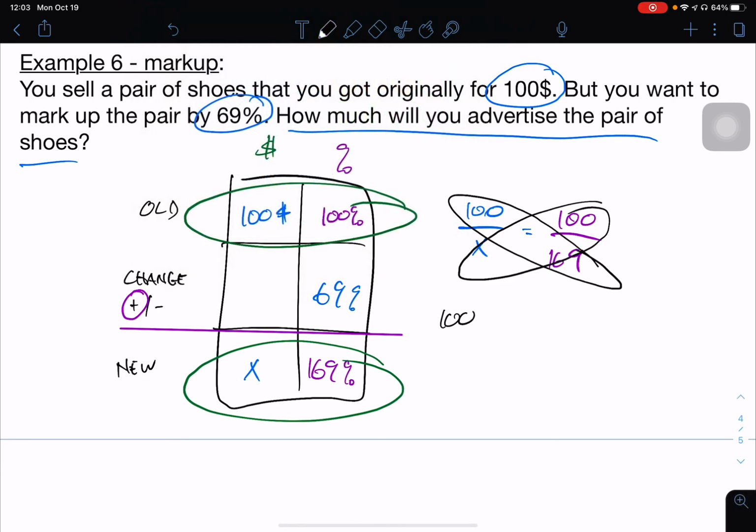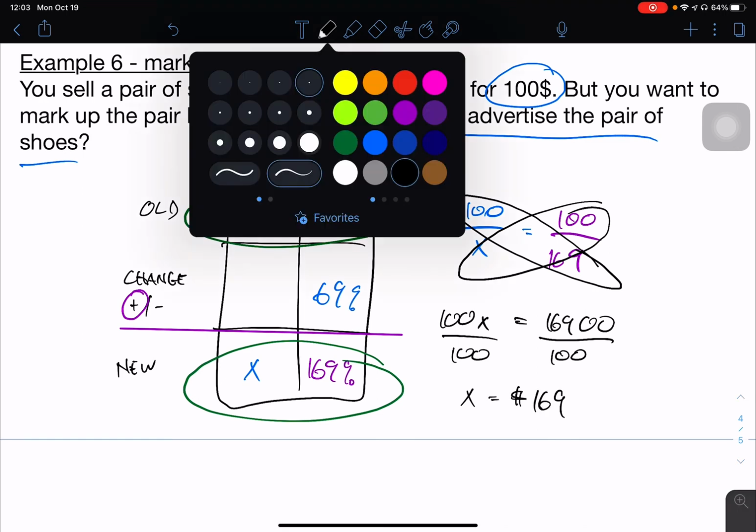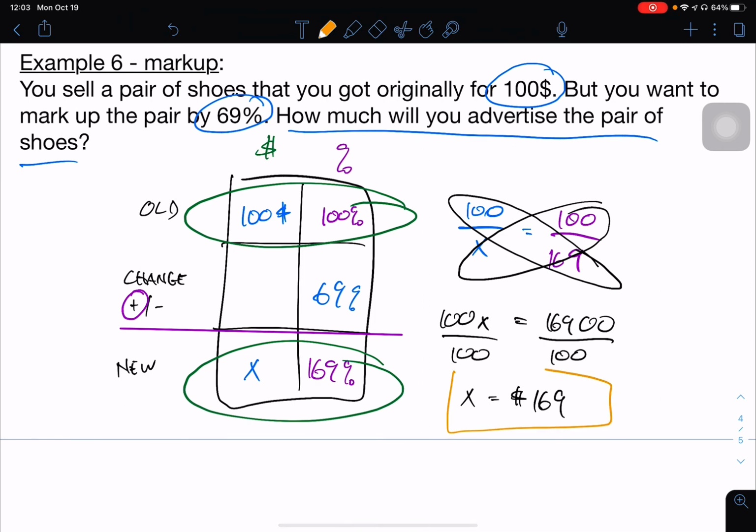You have 100x equals 169.00. You divide both sides by 100, and yeah, you get the same answer, but you realize that now you're talking about dollars, $169. Okay? And that's pretty much it for the proportions.